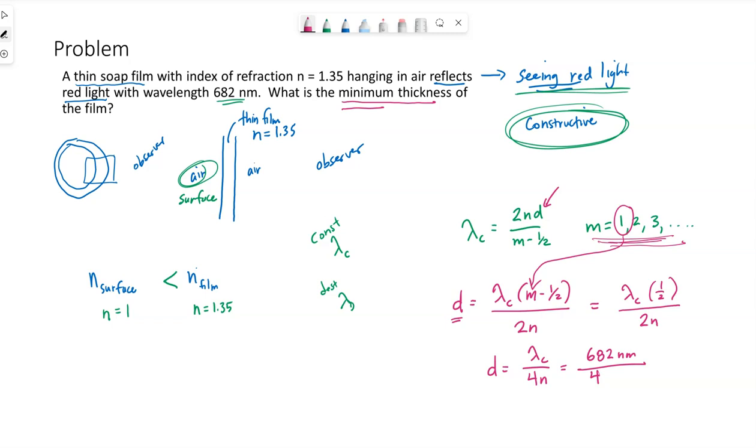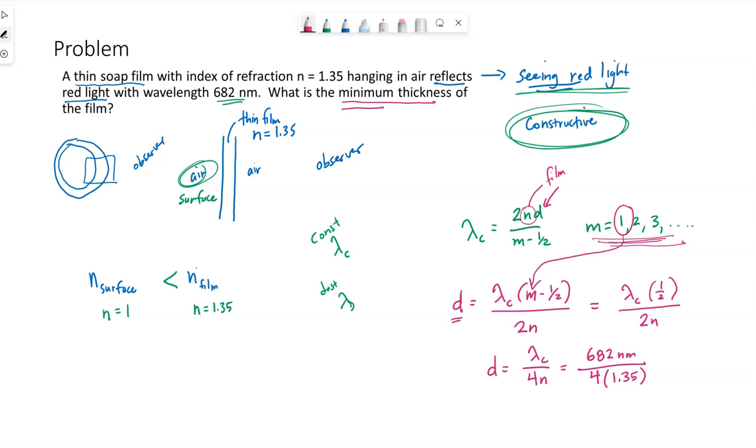N in all of our equations is always for the film specifically. So the soap film has an index of refraction of 1.35. That's the value I will put in.